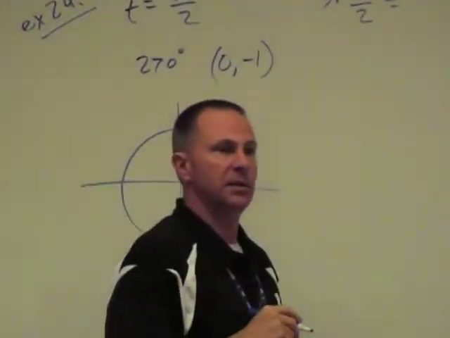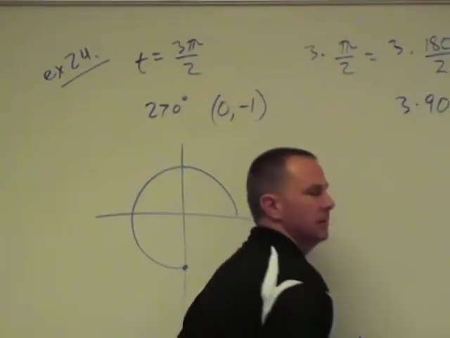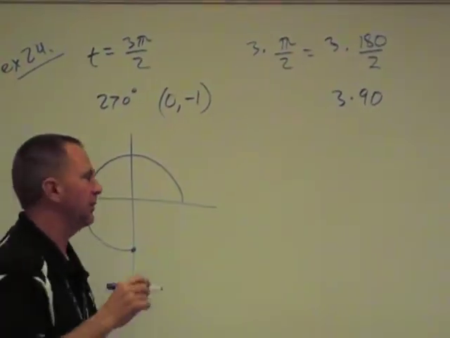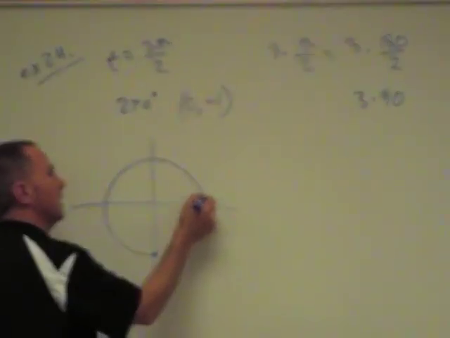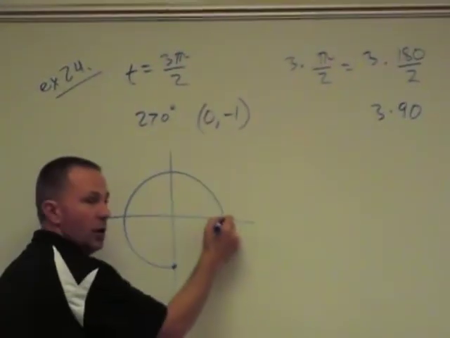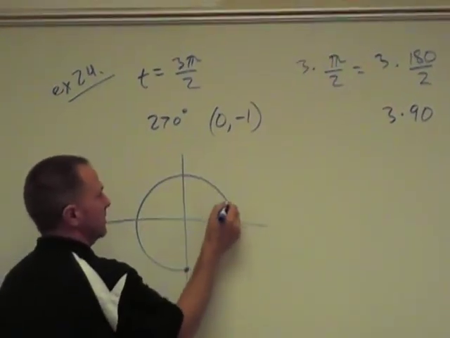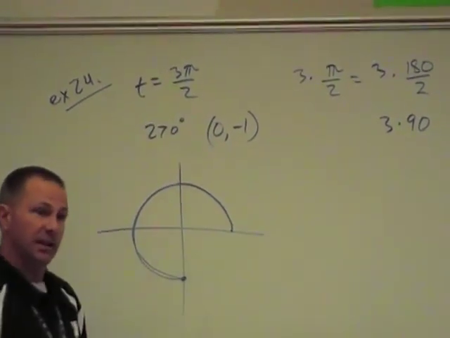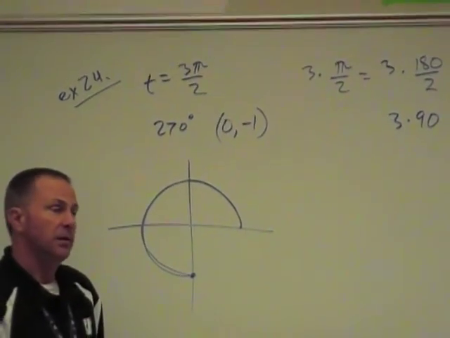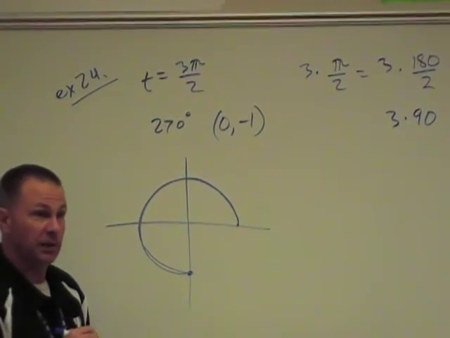What is 180 divided by 2? 90. So what is 3 times 90? 270. So when we're talking about in terms of pi, we're talking about that unit circle that takes 2 times pi to go all the way around. So we're talking about this distance as we leave the x-axis going counterclockwise all the way around, depending on what that says. Okay? We good with the 270 now?